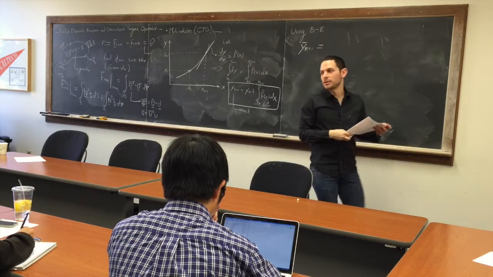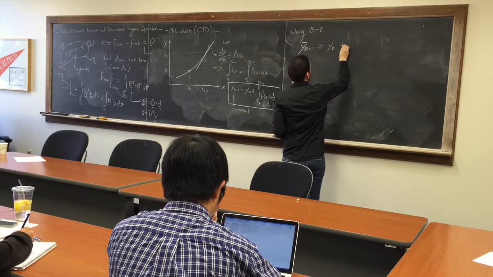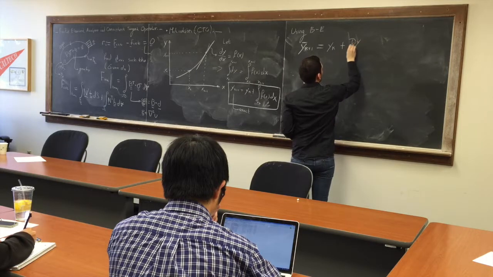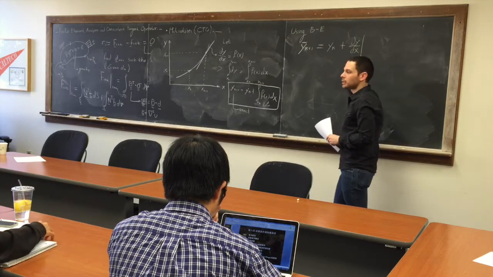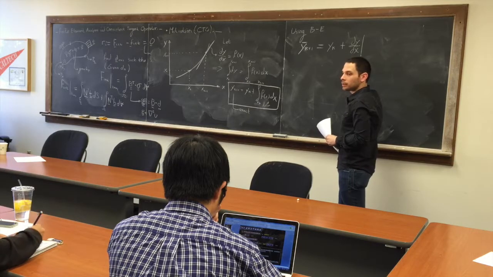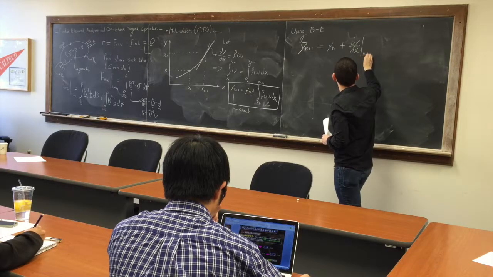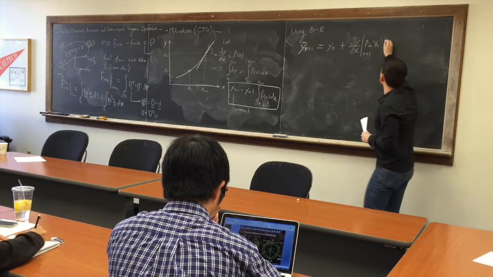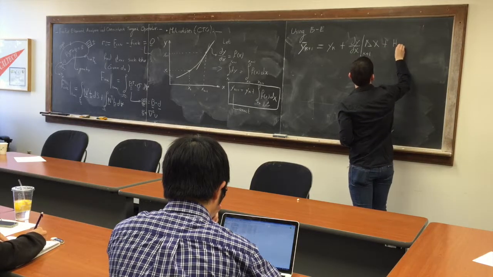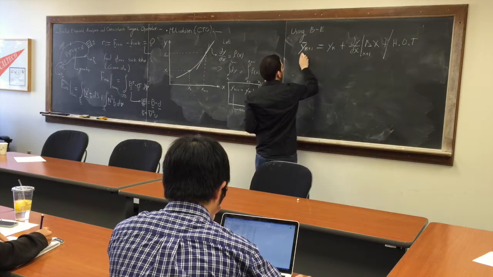So we expand the Taylor series: yk plus dy over dx, and if we want it to be backward Euler, it should be evaluated at k plus 1, times delta x, plus high order terms, but we cut that.